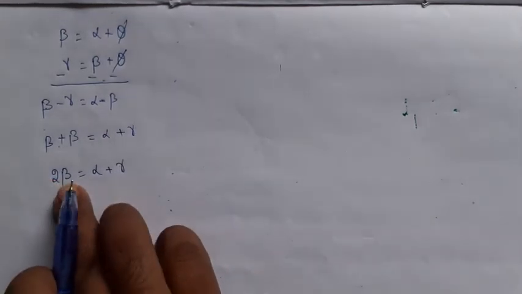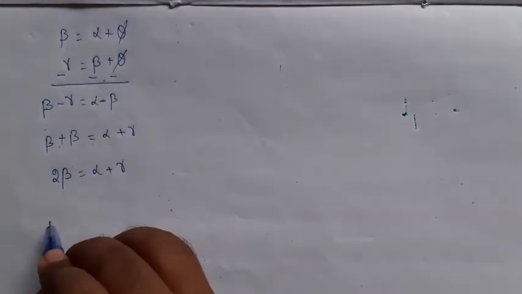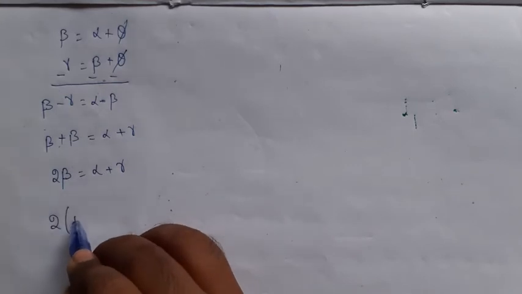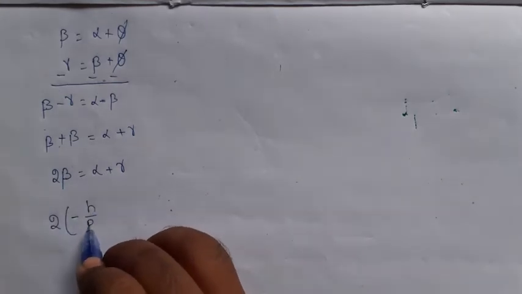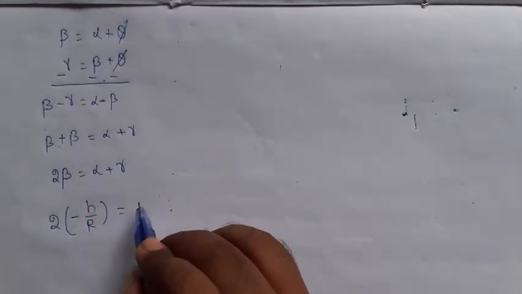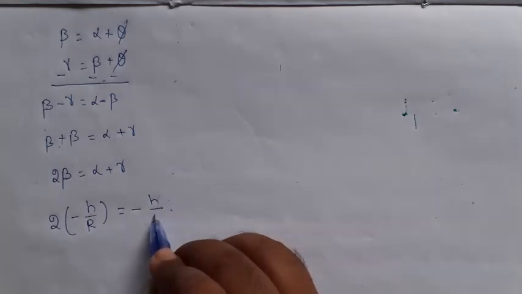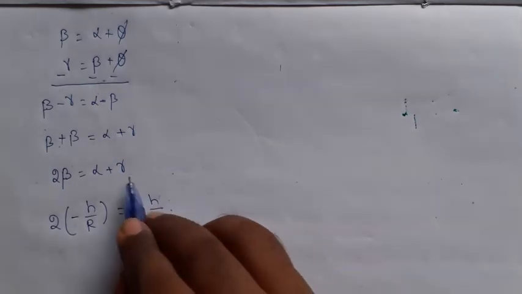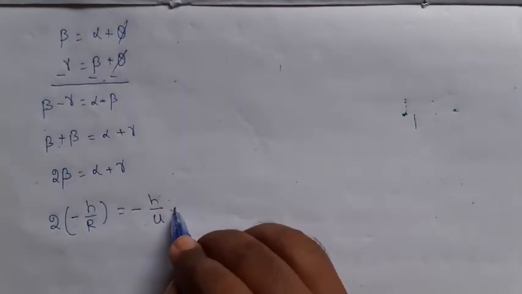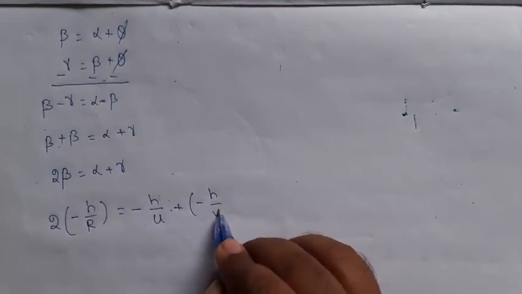We already know the beta, alpha and gamma values. Substitute all these values. Beta value minus h by r equals alpha value minus h by u, plus gamma value minus h by v.